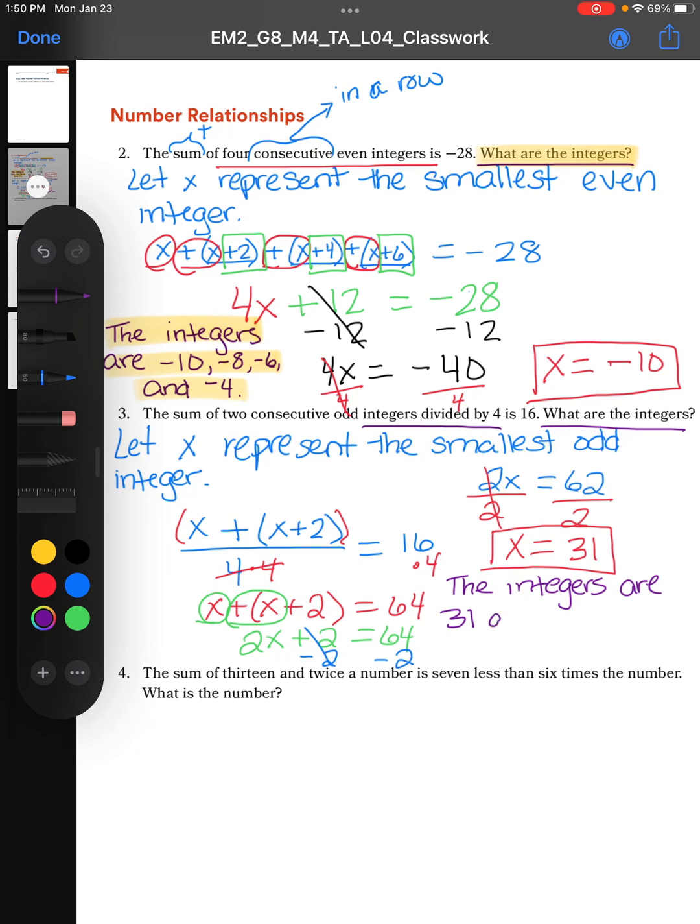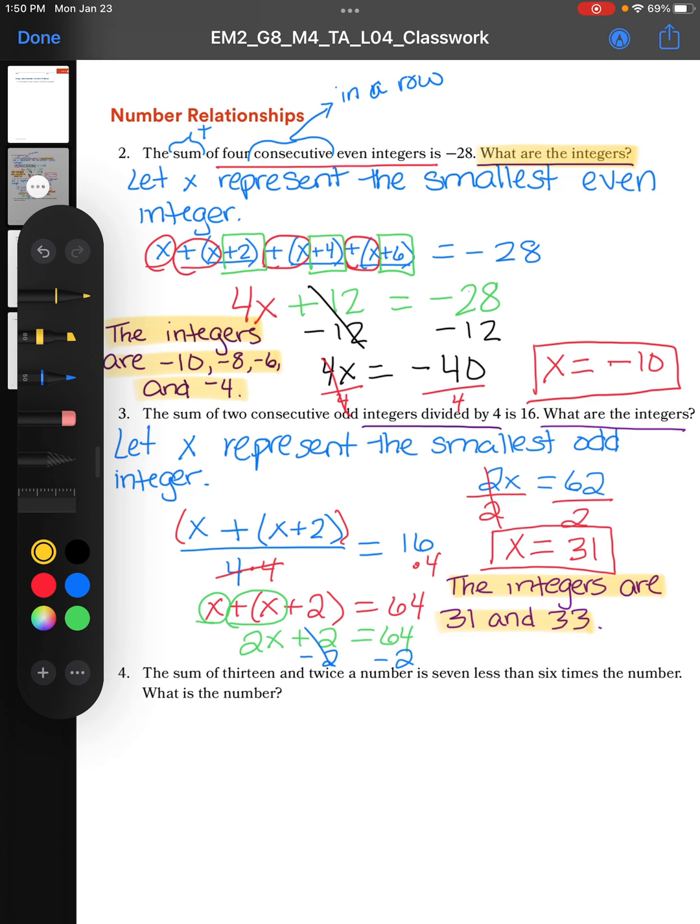What is the next odd integer? 31 and 33. So that's important, right? Writing that sentence, finishing it out. And I can double check if you don't believe me.